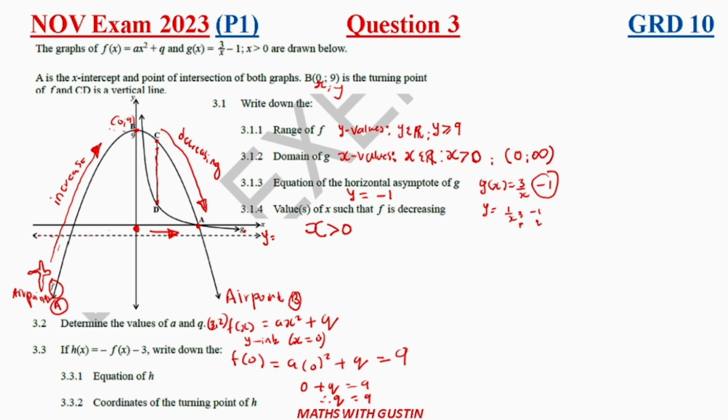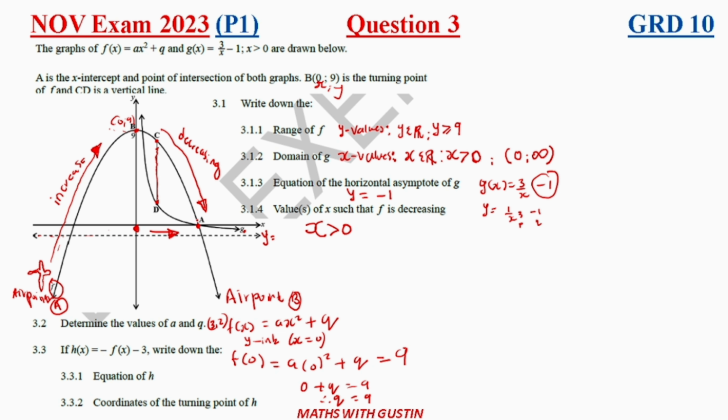We need to look for one value where we can find our a. But if you have a look at this graph, you've got a point A there that is also existing on g of x. So in this case we can use g of x to find the coordinates of A. I hope you guys are understanding what I'm saying.